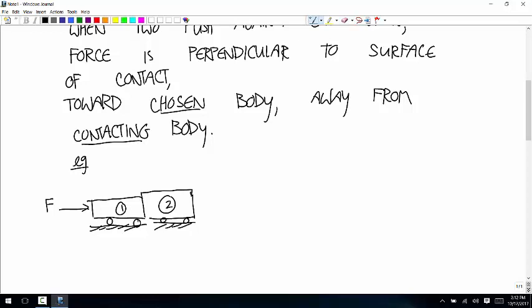So first of all, where is there pushing contact happening in this problem? There's a pushing contact between the wheels and the ground. And actually, to think about when something is pushing or pulling, think about whether the force is preventing the two objects from moving through each other.